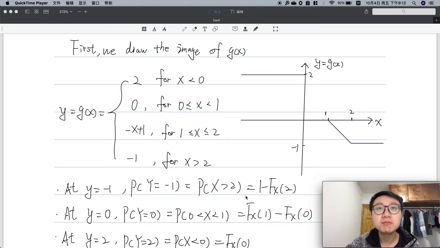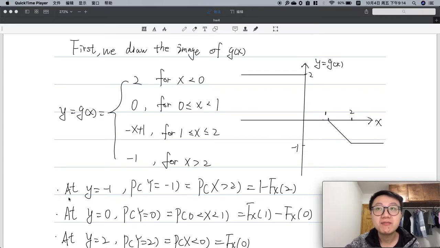Since we know the relation between the probability of x and the probability distribution function of x, it is very easy for us to transfer them, so we can get this one. After that, we have the relation between the probability of y and the distribution function of x.